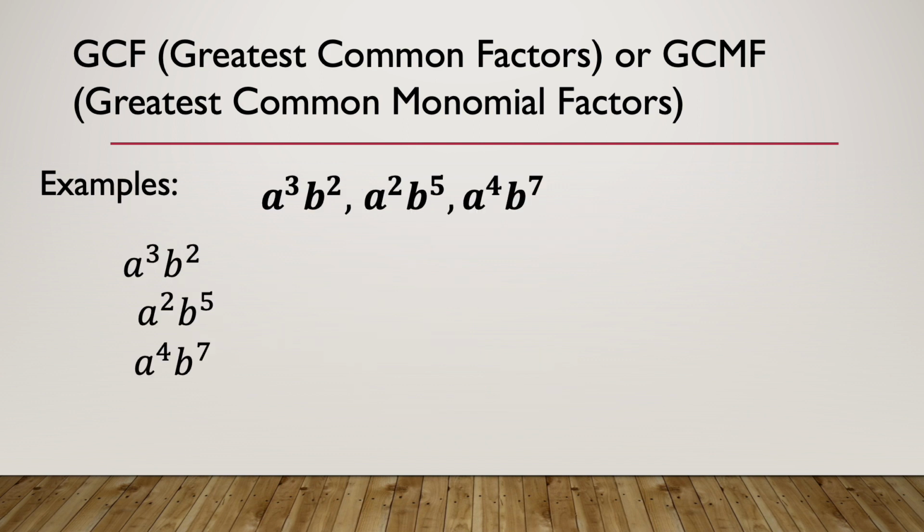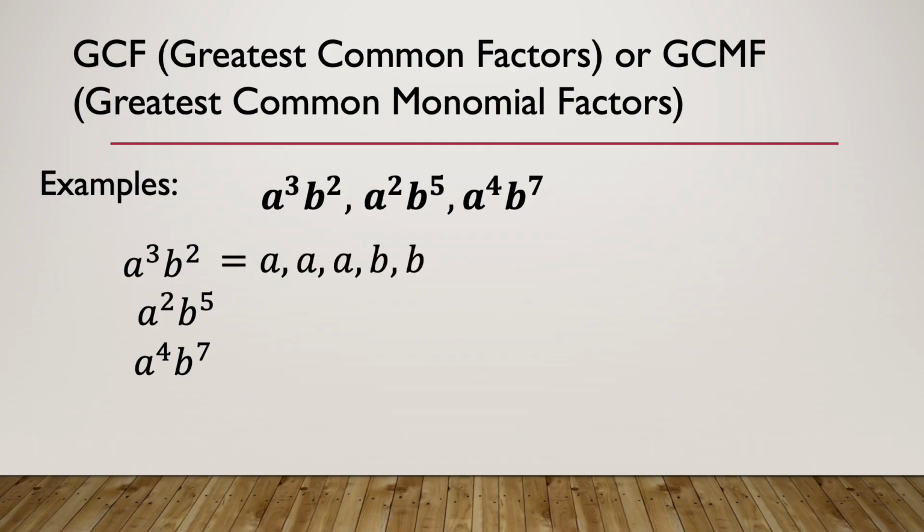Another example. We have here 3a cubed b squared, 2a squared b raised to 5, and 4a raised to 4 b raised to 7. Same procedure. Think about the numbers that, if you multiply them, will equal a cubed b squared. So we have 3a and 2b.